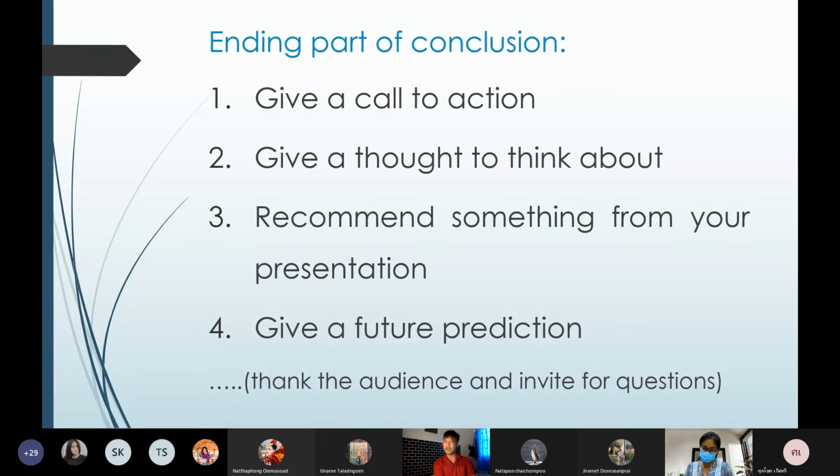But for me, my most favorite one is number 3, recommend something from your presentation. For example, I'd like to recommend RMUTL Pitsanulok, because it's a very good university where you can study any major. Like this.